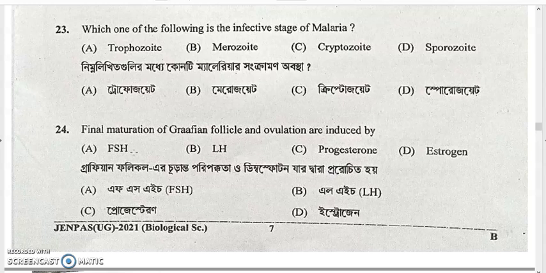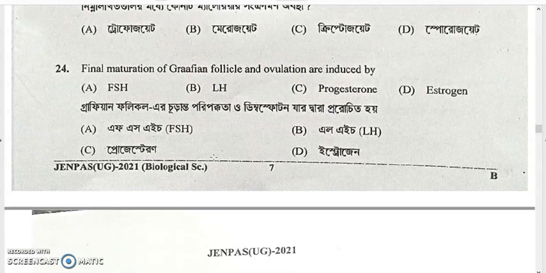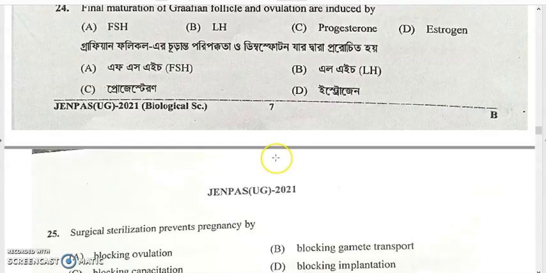Ovulation occurs due to an increase of LH level. LH surge leads to ovulation. So the answer will be option B, LH.